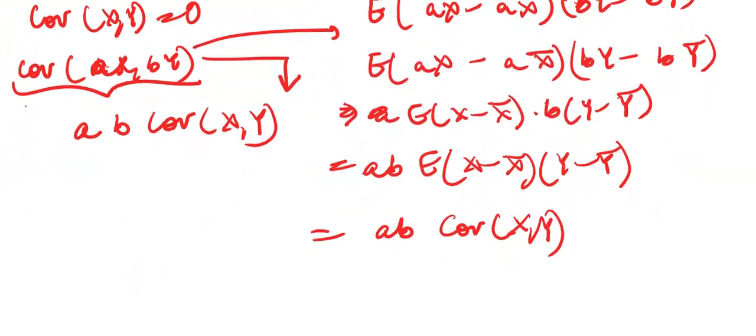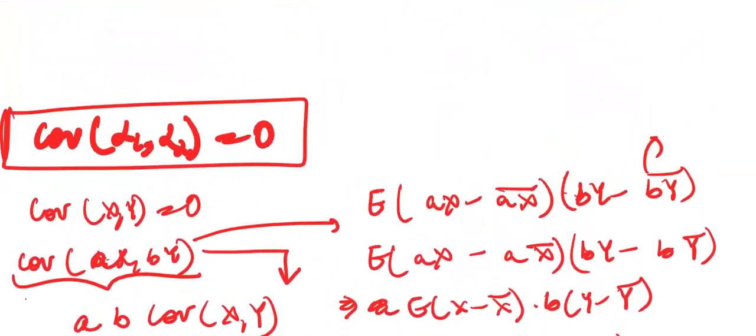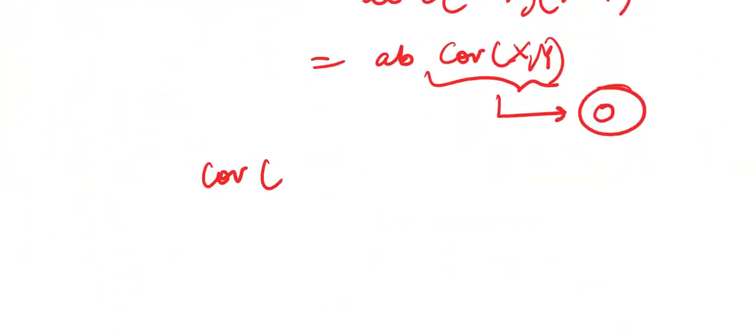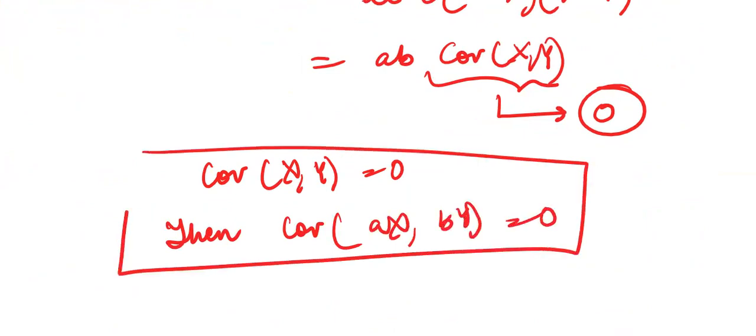And I know that the covariance of xy is 0, because this is what is given to me. So if the covariance of xy is 0, then the covariance of ax, by is also 0. This is important.